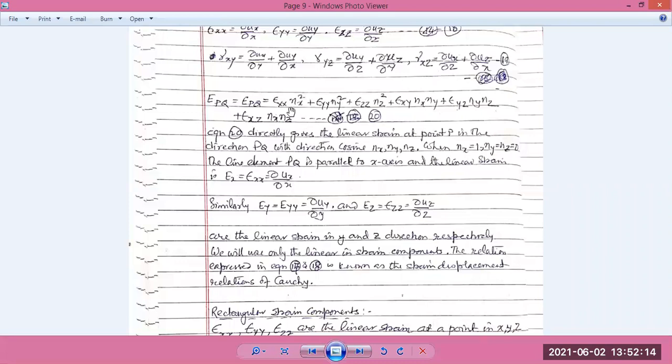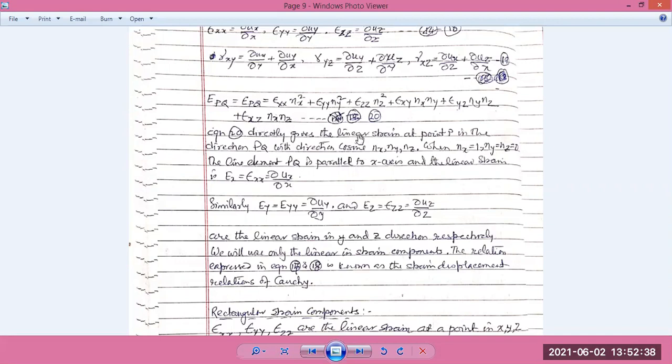This is the equation we have produced: epsilon xx, the strain along the x-axis, multiplied by nx squared, plus epsilon yy ny squared, plus epsilon zz nz squared, plus gamma xy nx into ny, plus gamma yz ny into nz, and gamma zx is nz into nx.